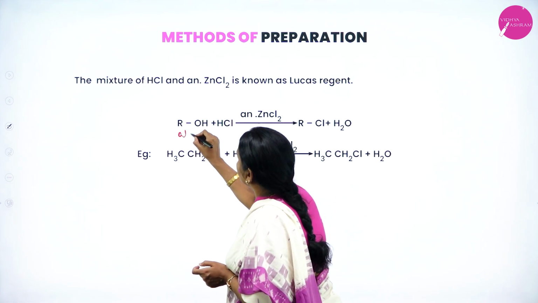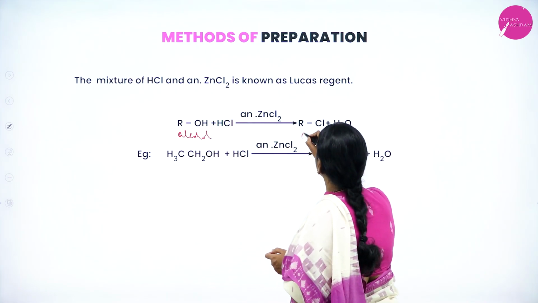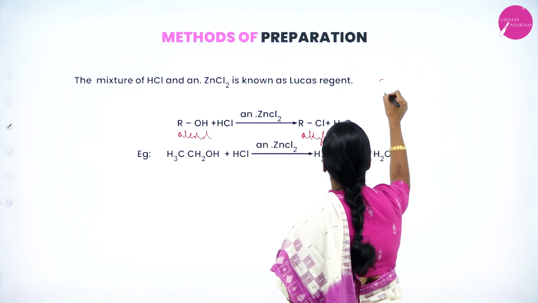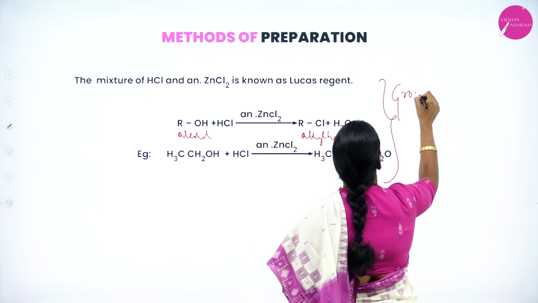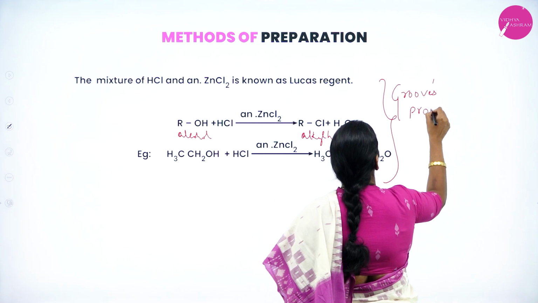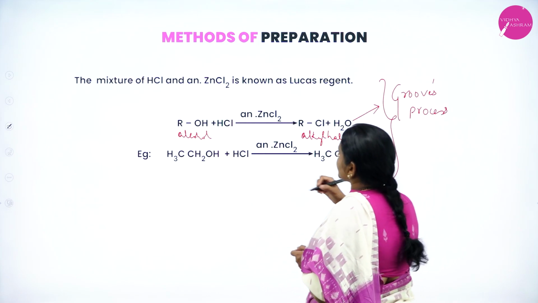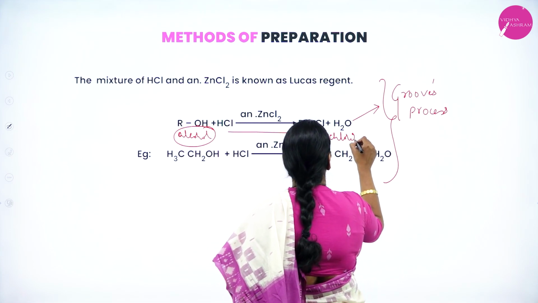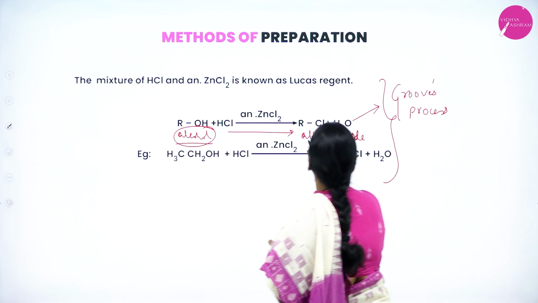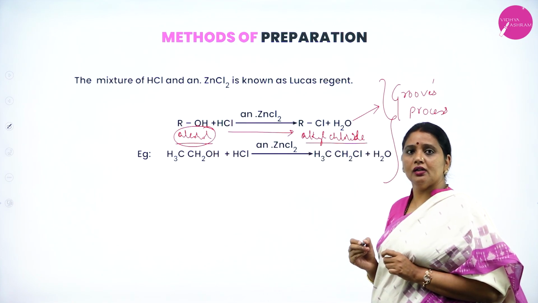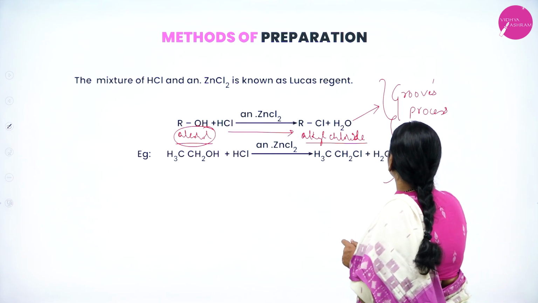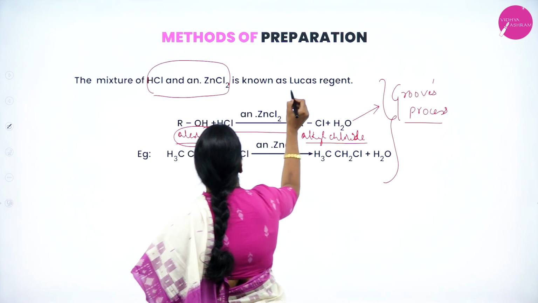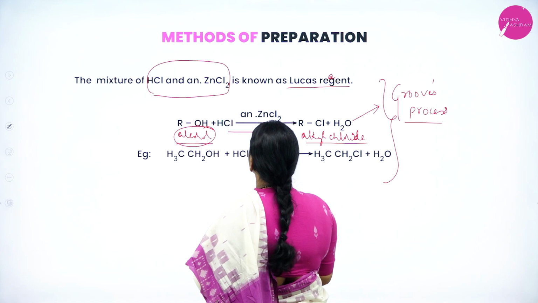This is alcohol, this is alkyl halide, and this process is called Groves process. The conversion of alcohol into alkyl chloride is called Groves process. The mixture of HCl and anhydrous zinc chloride is called Lucas reagent.